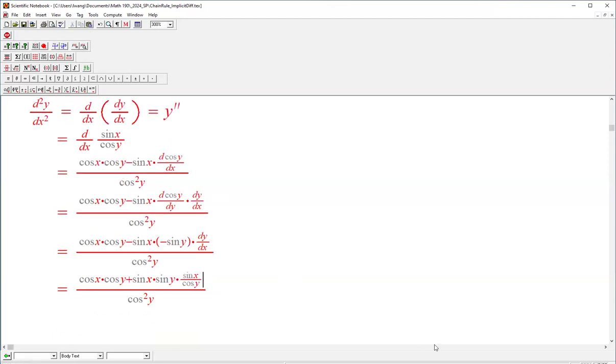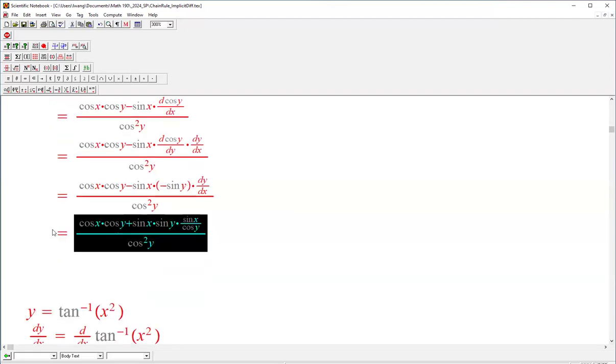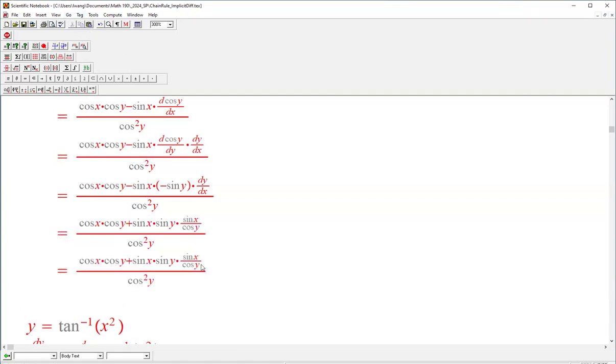Boom. Can we reduce anything here? Cosine y? No, just sine y, sine x, cosine x, cosine y. But we can do sine x sine y over cosine y.